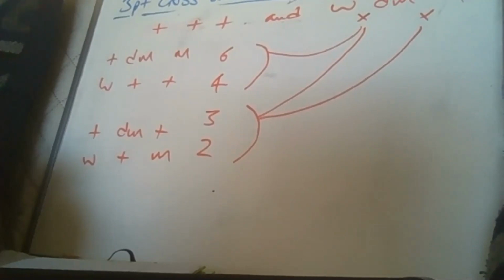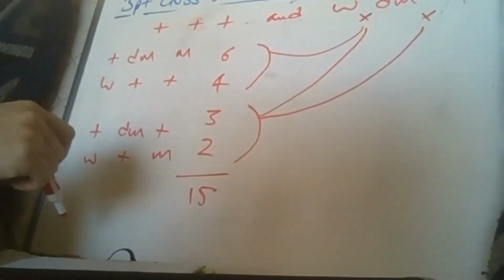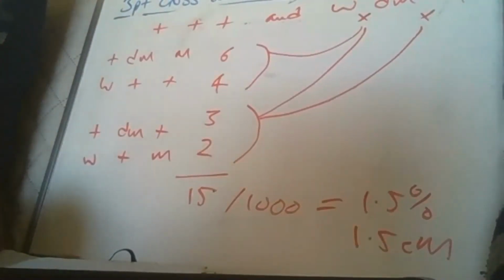All good? Add those together. 15 divided by 1,000 equals 1.5% or 1.5 centimorgans.